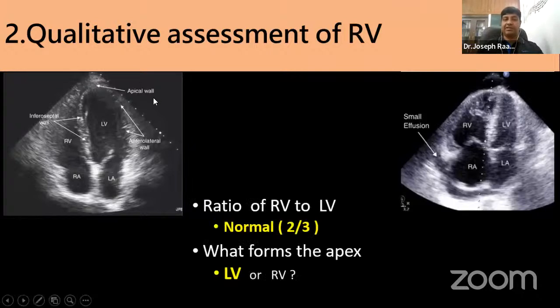The apex will be formed by the right ventricle, and the ratio between the right and left ventricle is reversed. If the RV is equal in size to the LV, then you can say there is a problem with the RV. By looking at a good apical four-chamber view, you will be able to pick that up.